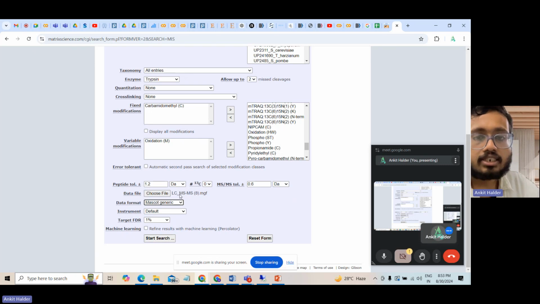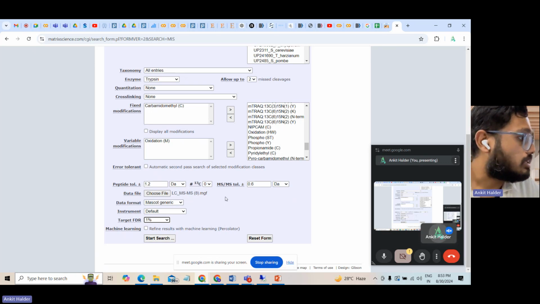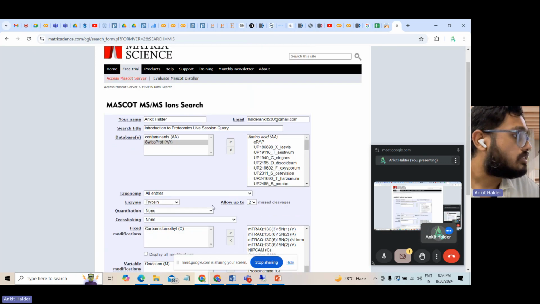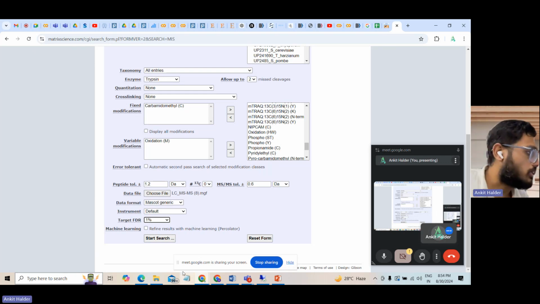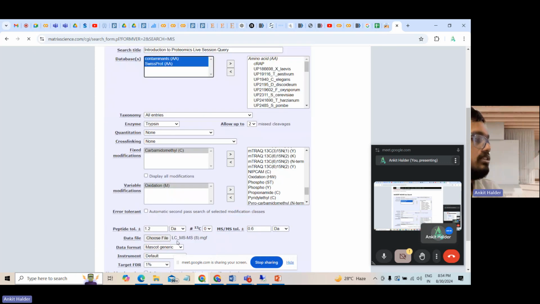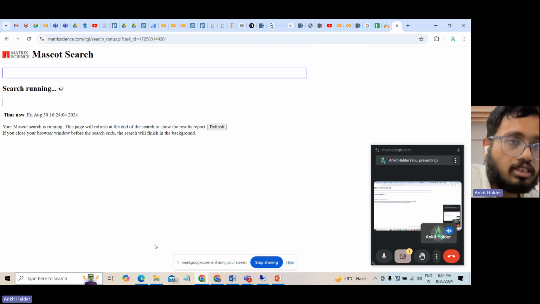The target FDR we are keeping at 1% FDR, which is an acceptable range. We are not going into the decoy search and all; there is another thing of decoys, which we would talk about if we get some time next week.